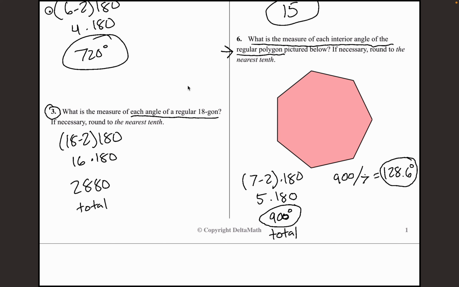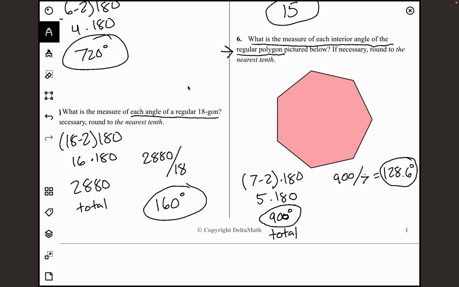This is the total, and you gotta make sure you divide by 18. So what do we get for the answer? 160 degrees. Okay? Do we have any questions so far?